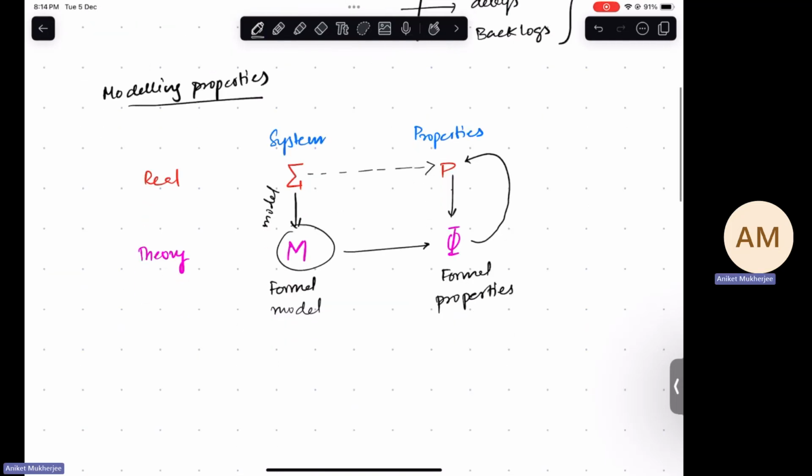What we want to guarantee is that if I make a model, it will have some formal properties, and these formal properties need to be reflected in the real life system's properties. I may not capture all the properties, but even if I can capture only some of them in the modeling part, then I am in a good enough state to start analyzing the model so that I get results on the real life system. So what do we want to ensure?